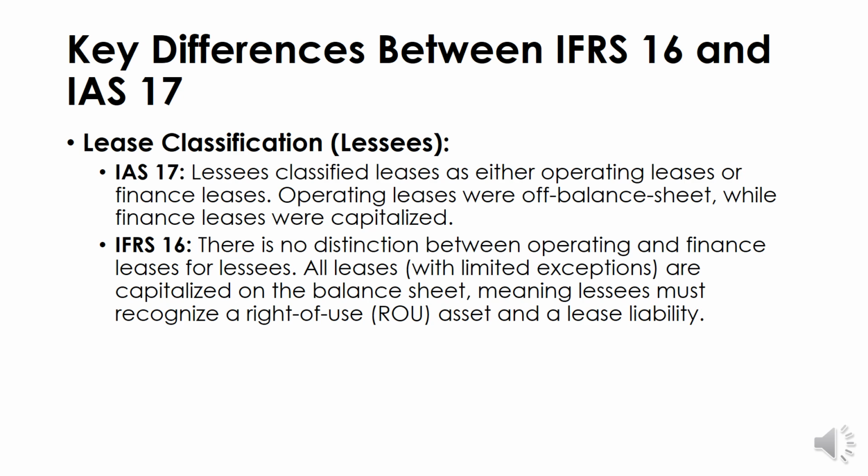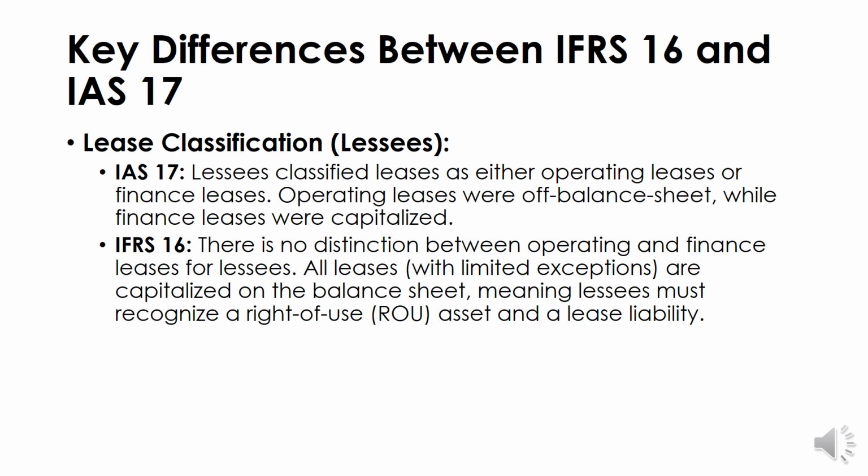Now, we do have some key differences between IFRS 16 and IAS 17. Number one, we're looking at lease classification. Under IAS 17, lessees classified leases as either operating leases or finance leases.